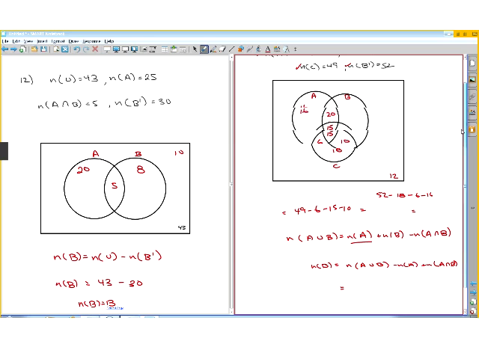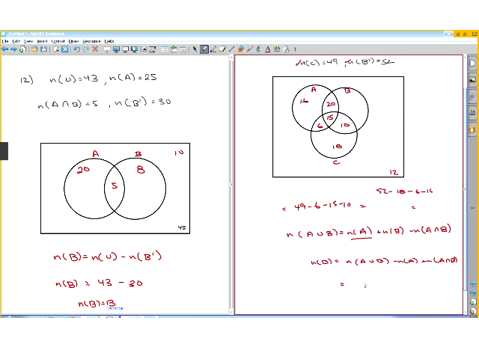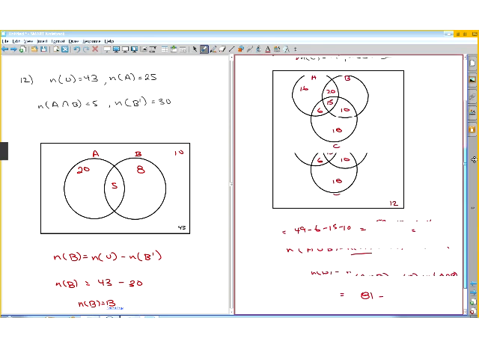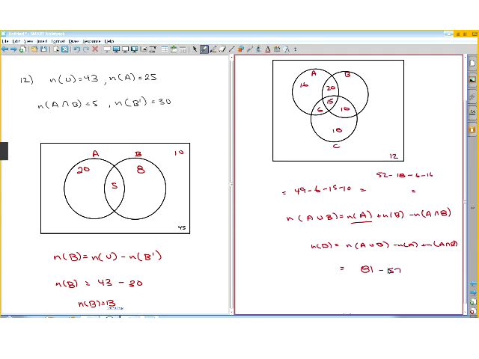Oh, actually, we're given that. It's 81. Sorry. So this is 81. Subtract the number in A, which I think is given. That's 57. And then the intersection of A and B, which is these two here, which is 35. So if we do that, I get my calculator, hold on just a second.